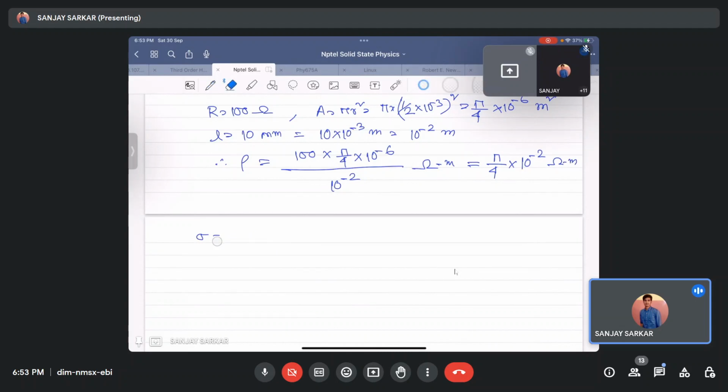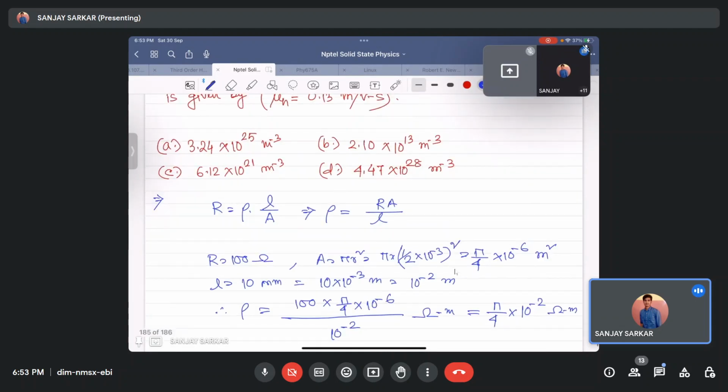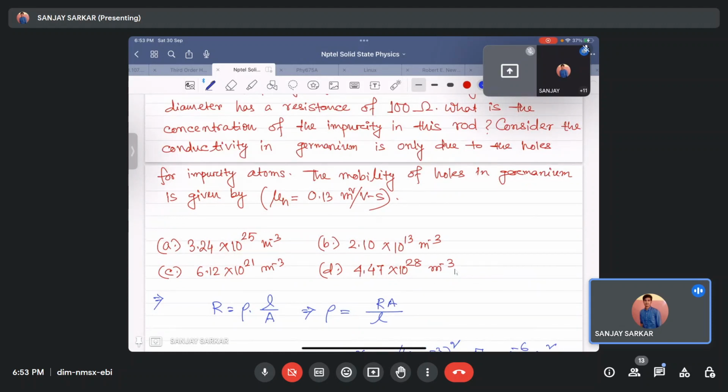Okay, so in the question it is written that all the conductivity is coming from the hole concentration.